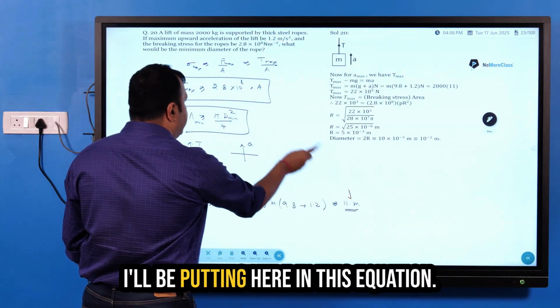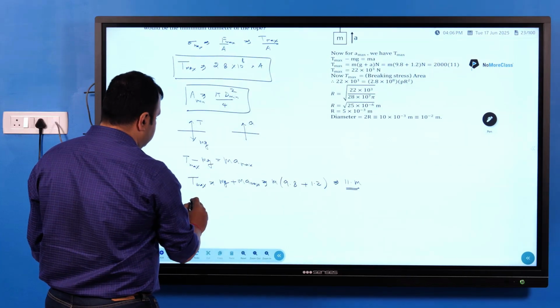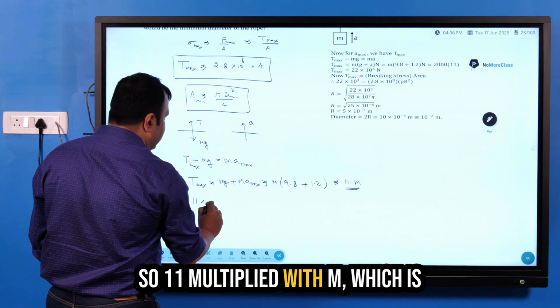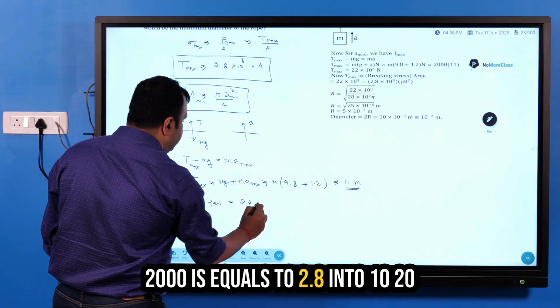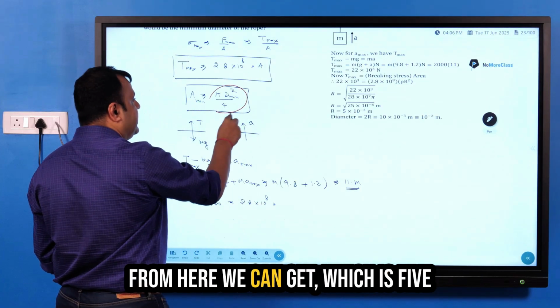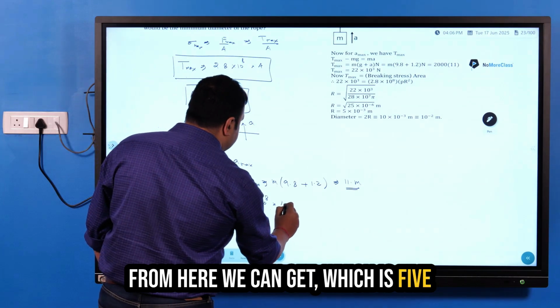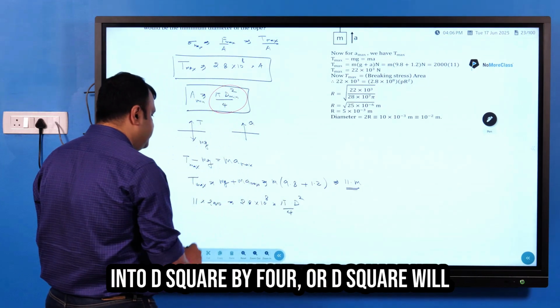This value I'll put in this equation. So 11 multiplied with m, which is 2000, equals 2.8 into 10 to the power 8 into area, and area we can get as pi into d square by 4.